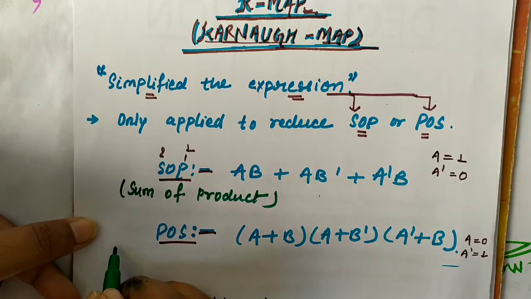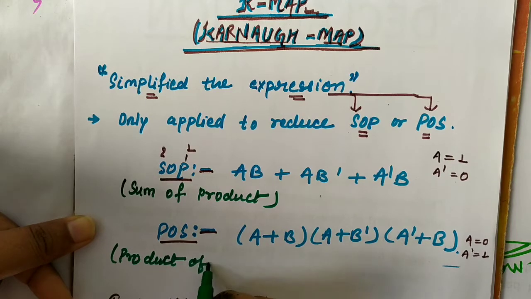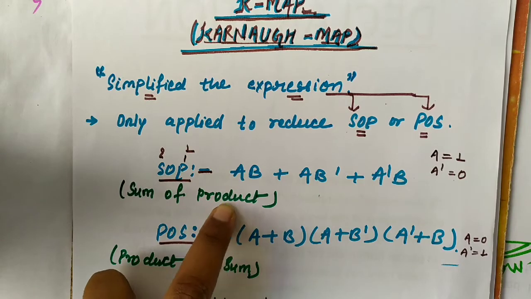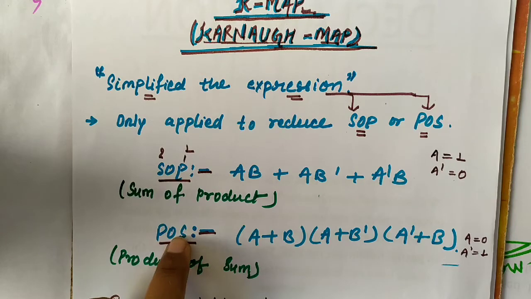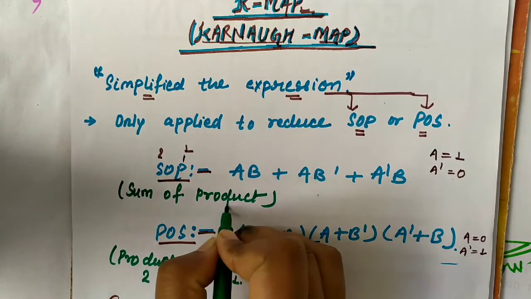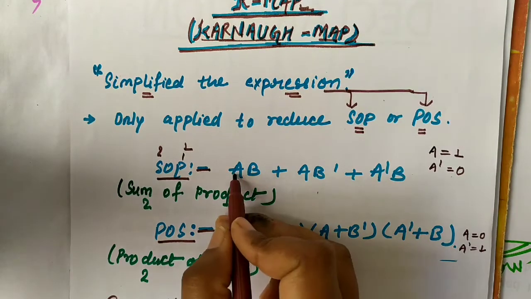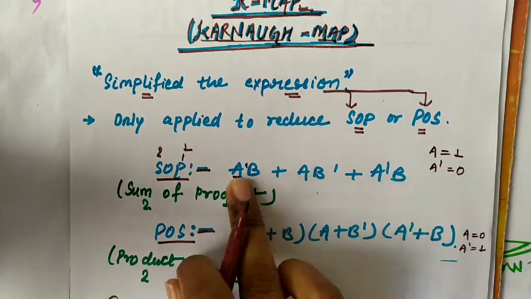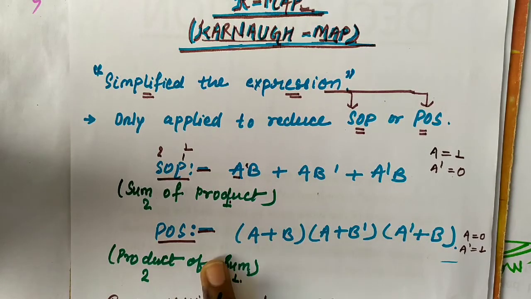The full form of POS is product of sum. In SOP we first multiply, then do a sum. But in POS, we first do a sum, then multiply. So here this is the example, A, B. Here A, after that multiply, that means product. So it is in the form of SOP, and this is the form of POS.